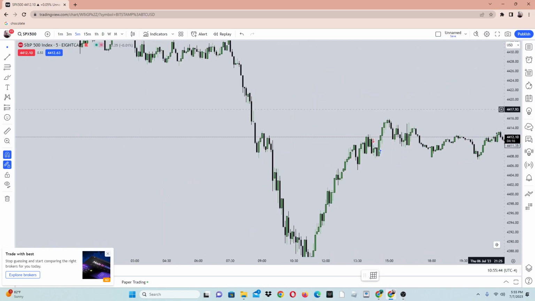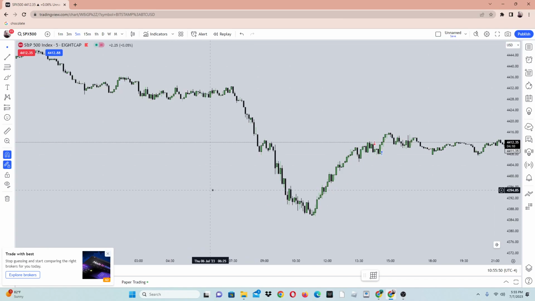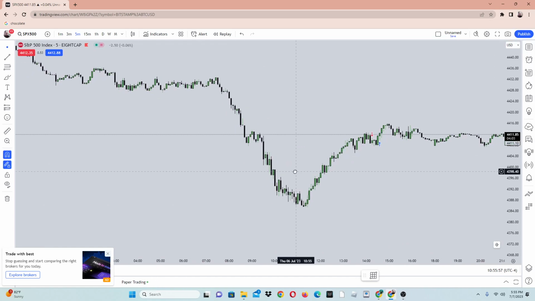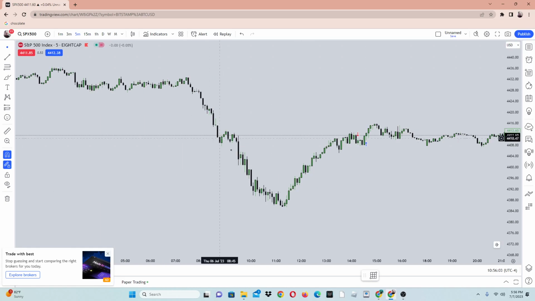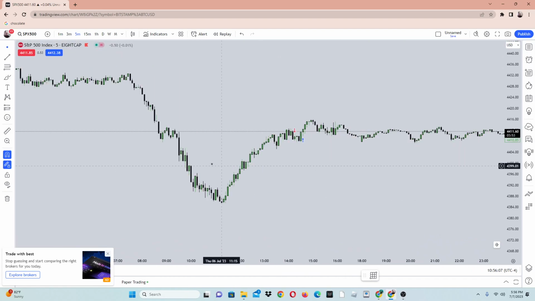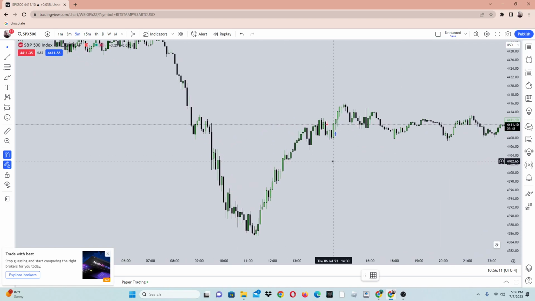Okay, so what I saw is that I want to see the economic calendar, and if there is a lot of USD news coming early in the day, like 8:30 and 9:30 a.m., we will see the move forming while there is a lot of economic news, and then price will consolidate in the afternoon.